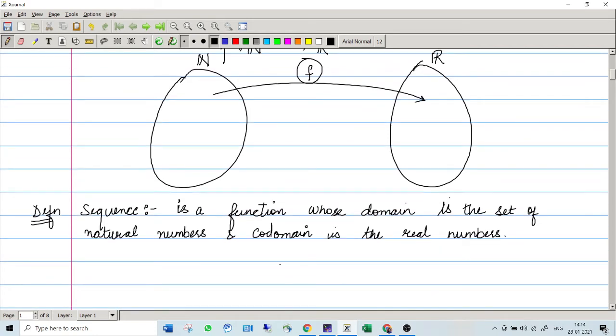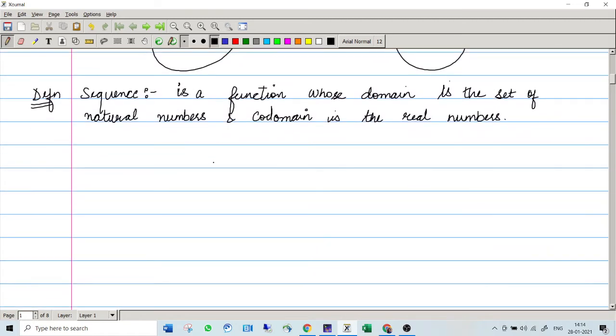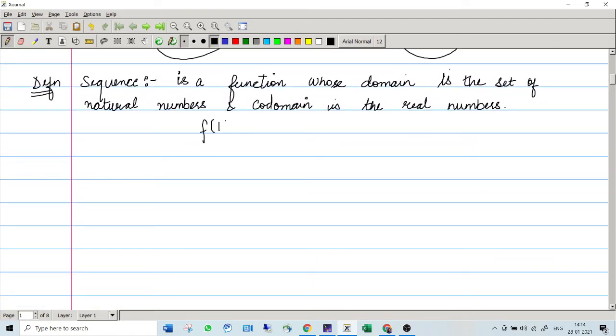So that means you have f of 1 is equal to something, let's call it x1. f of 2 is equal to something, let's call it x2. f of 3 is x3, and so on. f of n will be, let's say, xn, and this chain continues.